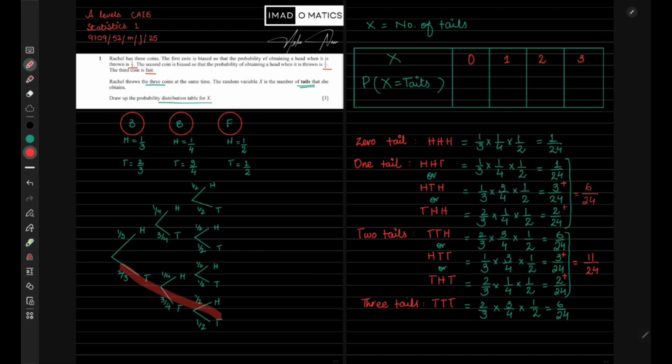Okay, so write them up. These are the 4 probabilities that you need to mention in your given space. The probability of getting 0 tails is 1 over 24. The probability of getting 1 tail is 6 over 24, 2 tails is 11 over 24, and 3 tails is 6 over 24.